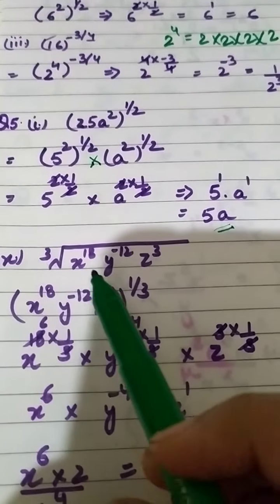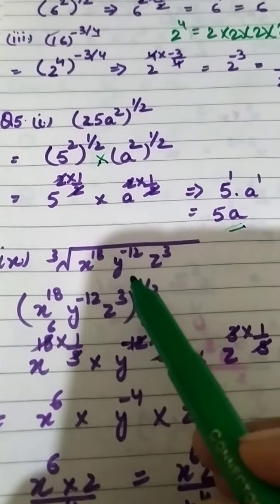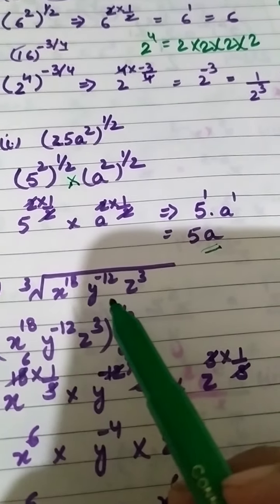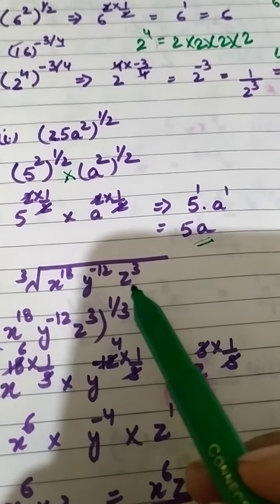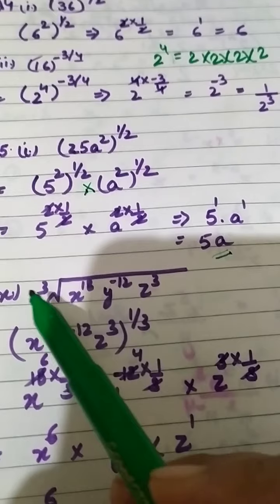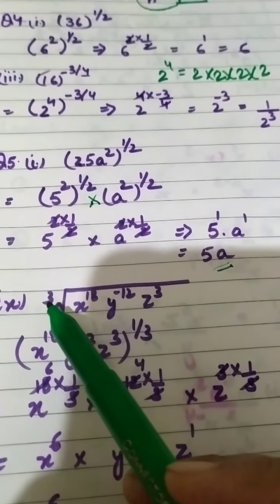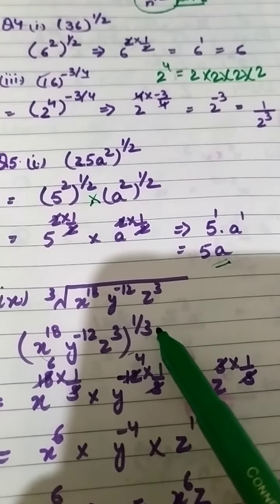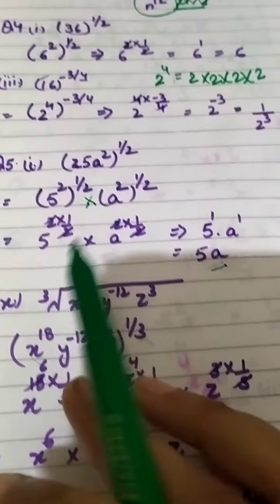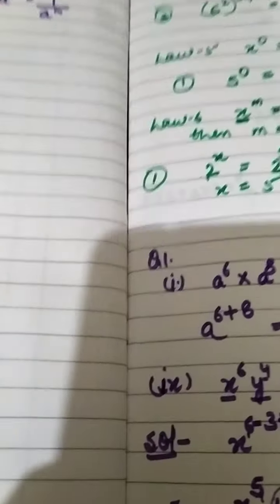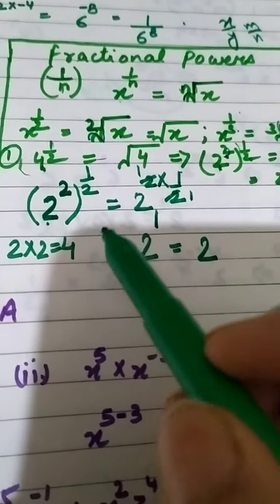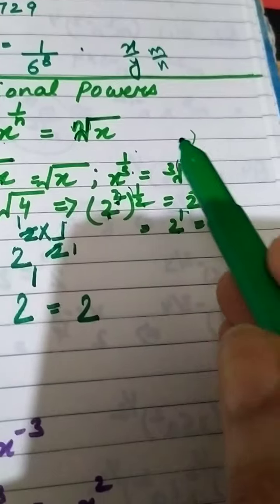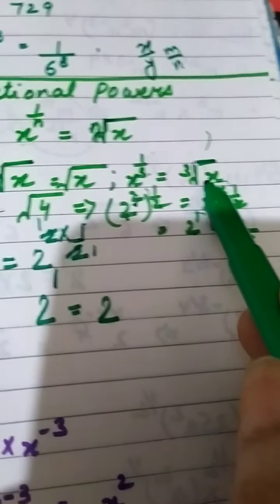now one more, the 9th part, this square root. X raised to the power 18, y raised to the power minus 12, z raised to the power 3, and it has a cube root here, 3 over here. So can we write it like this? I have told you, if you remember, can we write this in this form?